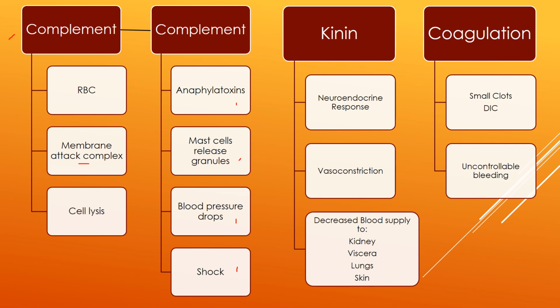The kinin system, which you see here, is basically a neuroendocrine response to the hemolytic reaction, I apologize. Usually one of the things that you see in response to the release of those kinins is some kind of neuroendocrine response. In particular, vasoconstriction.